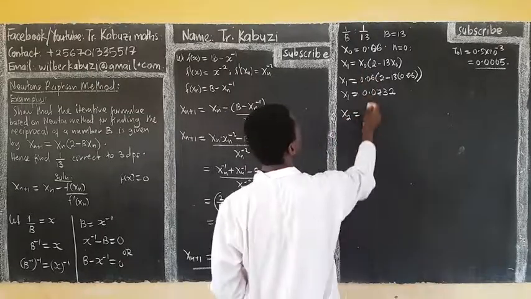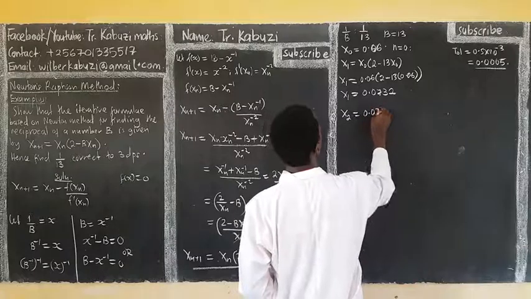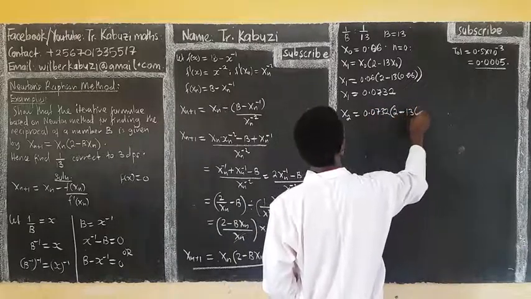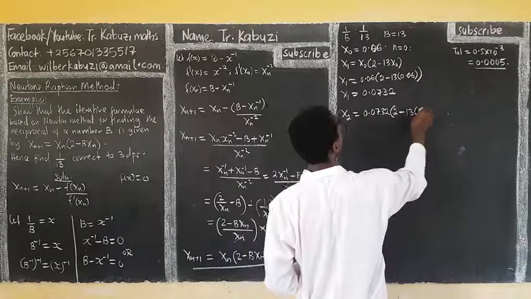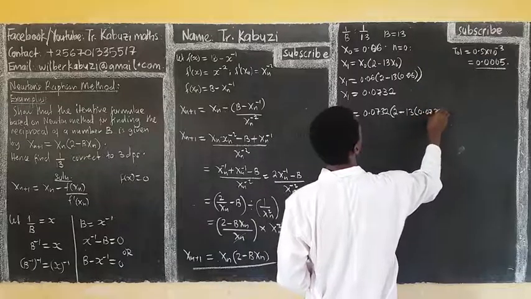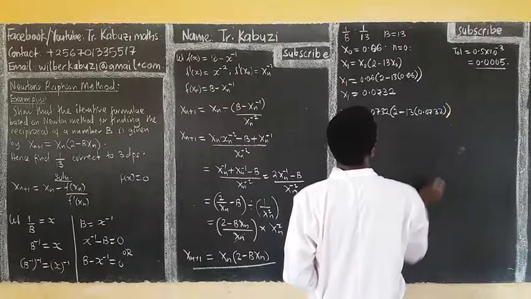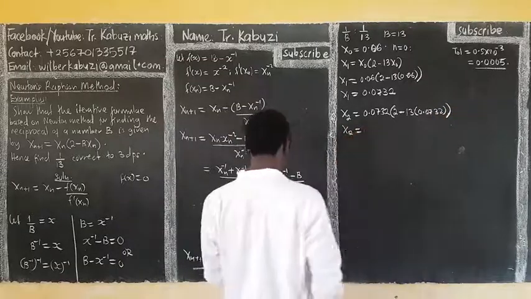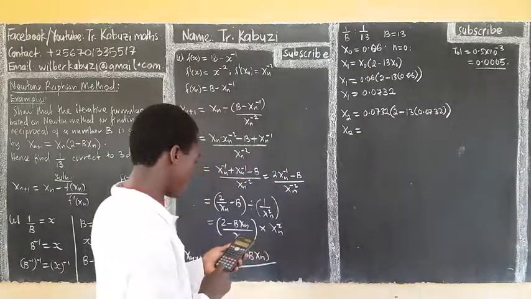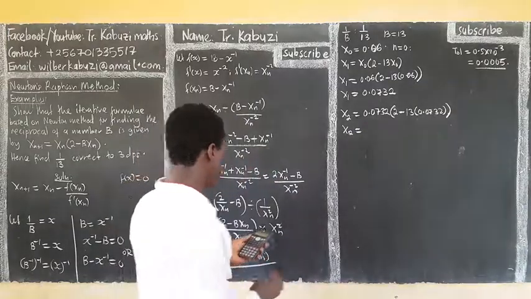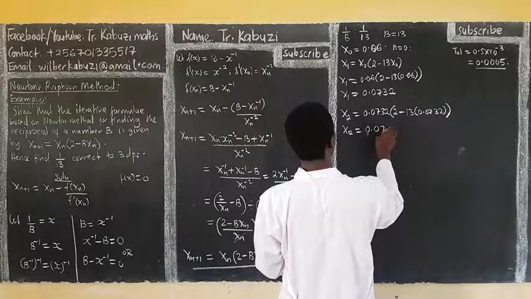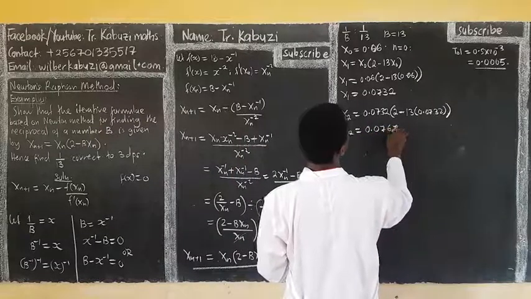Now we shall substitute this value, 0.0732 into 2 minus 13 into this value 0.0732. Then you cross. So our x2 here, you press down, here I'm getting 0.0767.